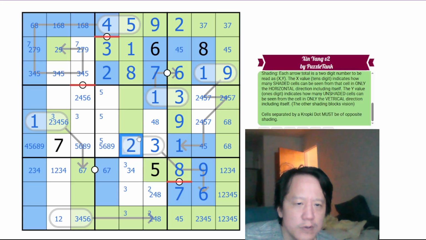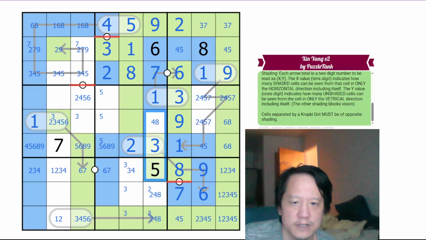Blue, to orthogonally connect, blue has to go through this cell. So then this is blue, which means this cannot be blue here because we only see 2 blues until we're blocked by unshaded cells. So this is green, which means the 3 greens that it sees are here.